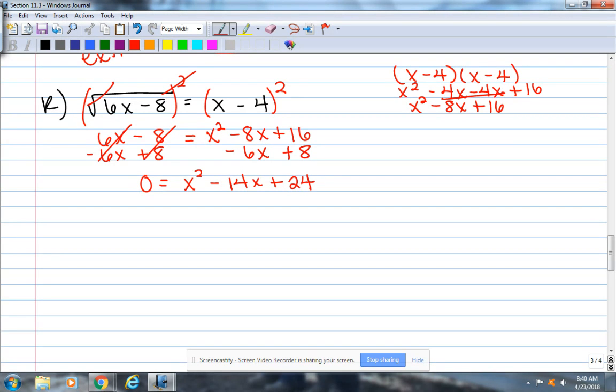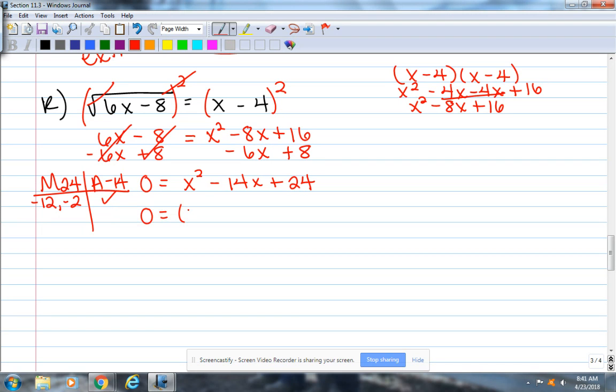Questions so far? And now we do like we were doing. I'm going to do my table over here because I'm going to need room. So I need to multiply to get 24 and add to get negative 14. What does that? Both negatives, right? Negative 12 and negative 2.